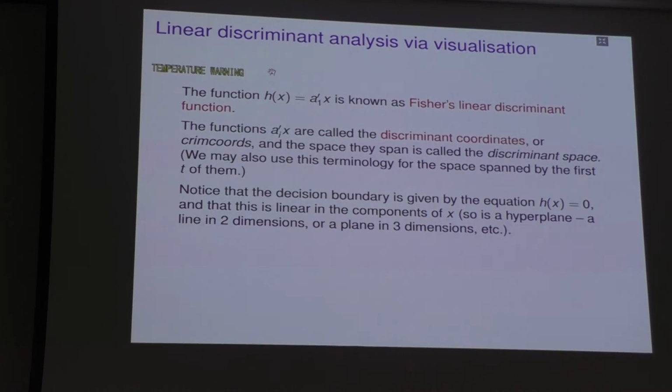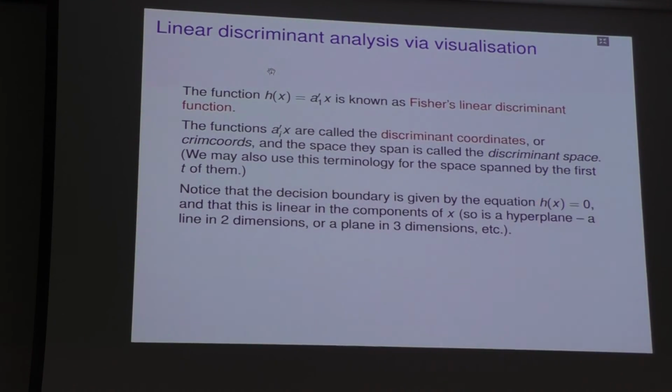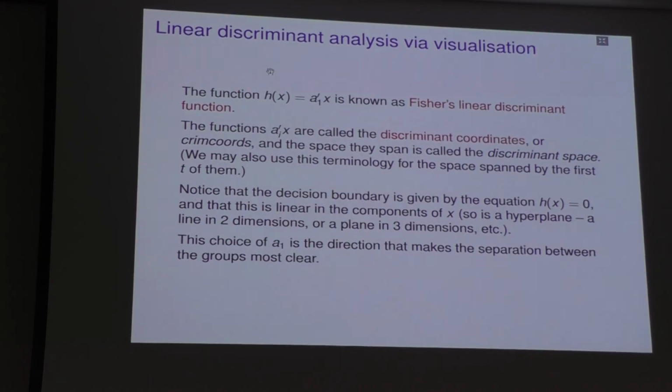It's not really h of x equals naught, that's after you've shifted your data. So they're given by values of h of x. And so A1 is the direction that makes your groups look most distinct.